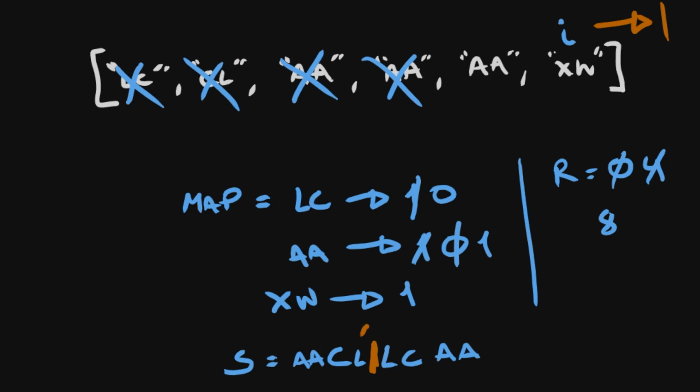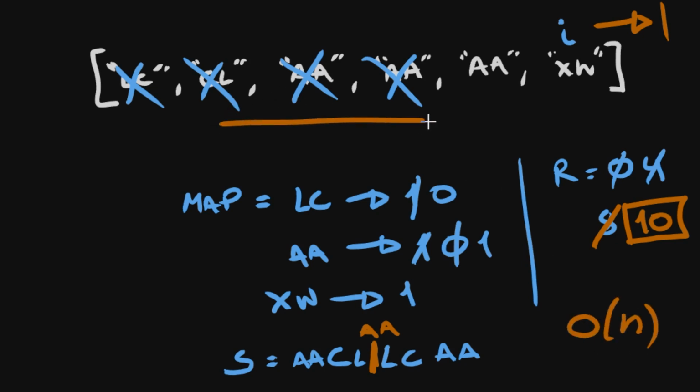So we could add AA here in the middle and we could add 2 more to our result, so this would be 10. So the final result in this case will be 10. Space and time complexity for this approach will be O(n), because we are iterating the array with words and we are building this map.